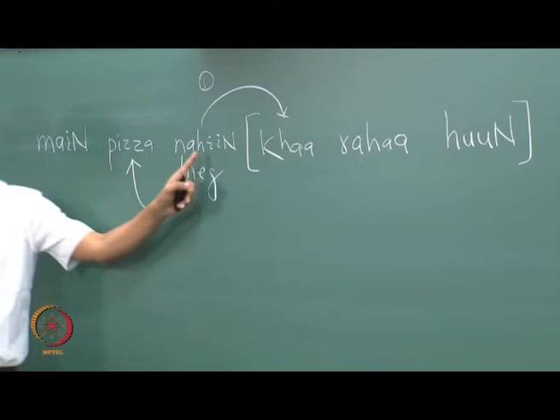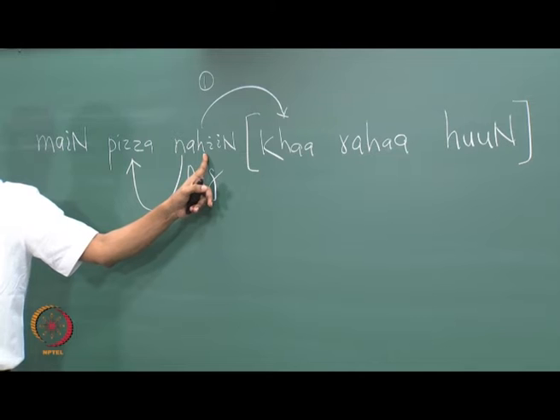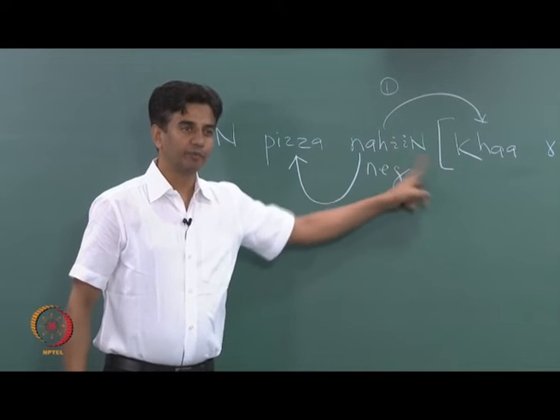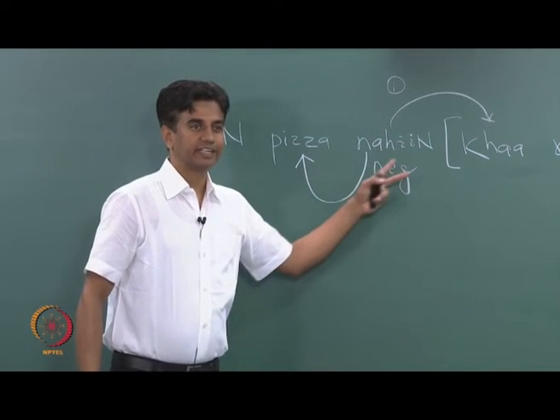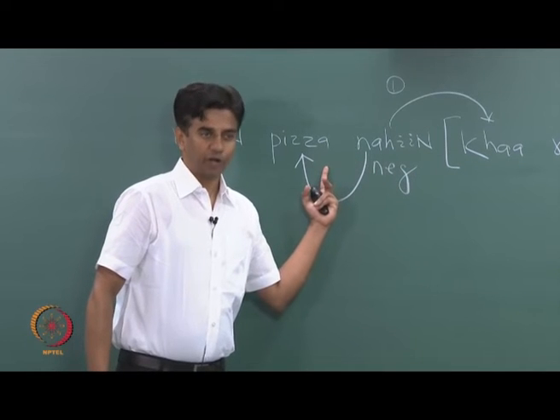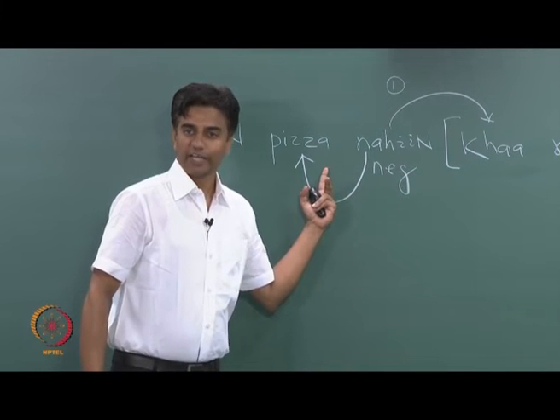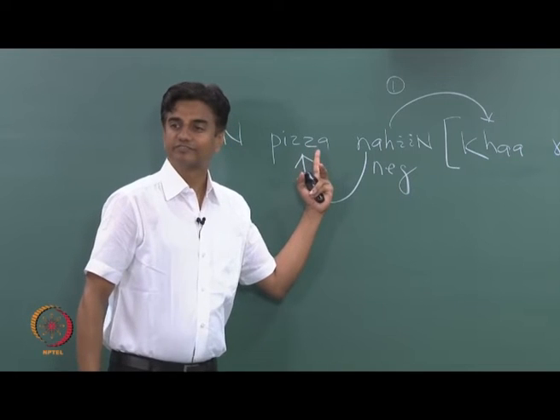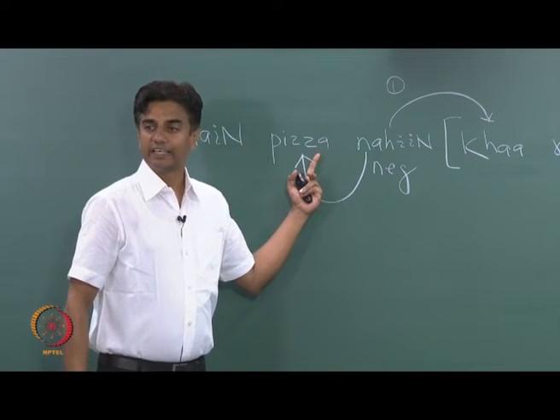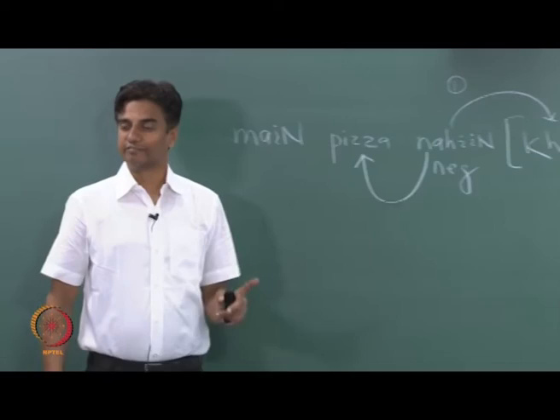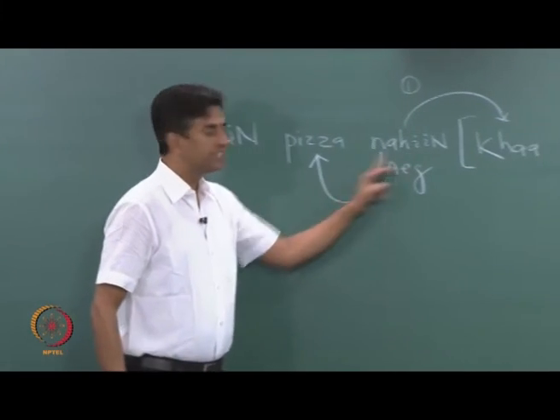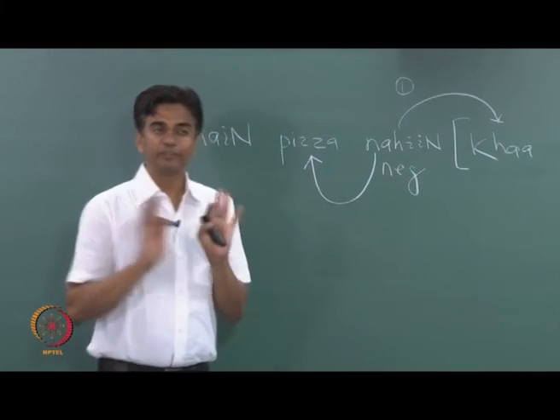So, by virtue of being here, which is not only before the verb, but around the object too, it might negate the object as well.